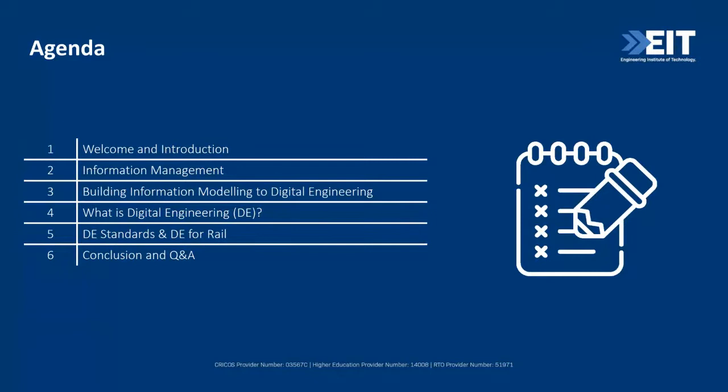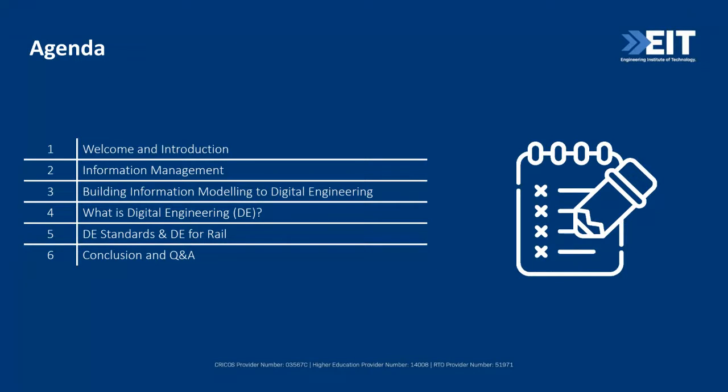So the agenda for today: I've just introduced the session, and I'll hand over to Daniel shortly, but we'll be going over information management, building information modeling to digital engineering. We'll be covering what is digital engineering, some standards in digital engineering and its application for rail.